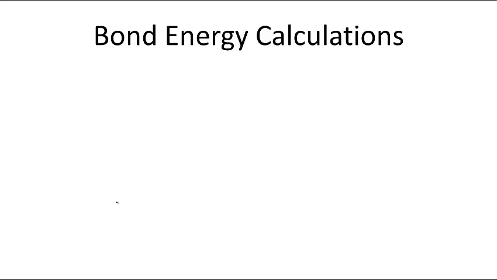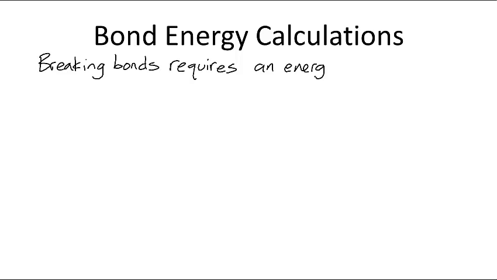When you break a bond, you're separating two things that are attracted to each other. What are you doing in terms of potential energy? Increasing it or decreasing it? You're increasing it. So remember that breaking bonds requires an energy input. Increase in potential energy.